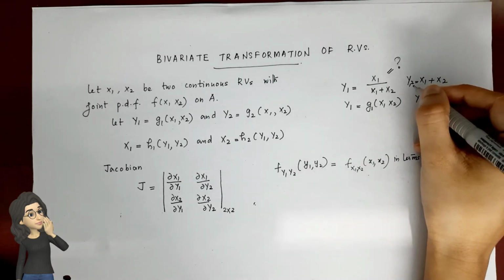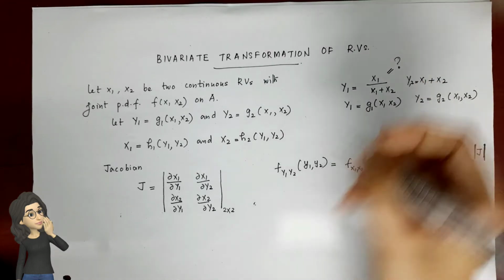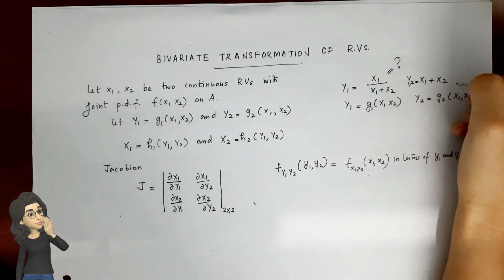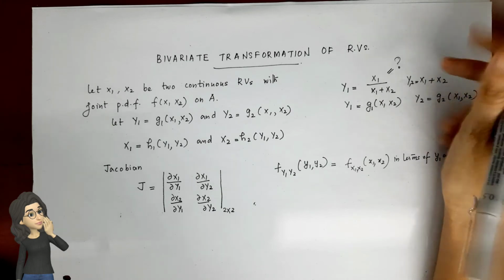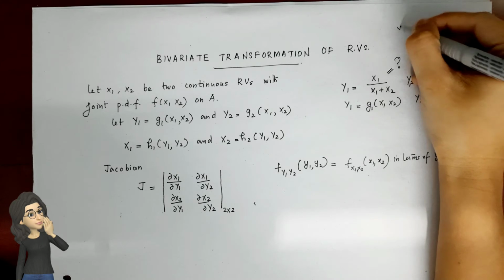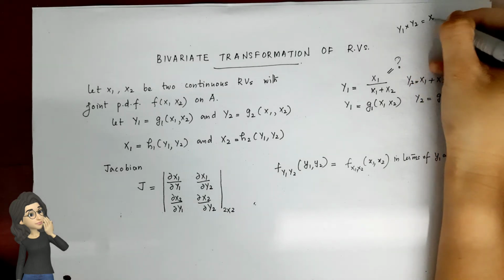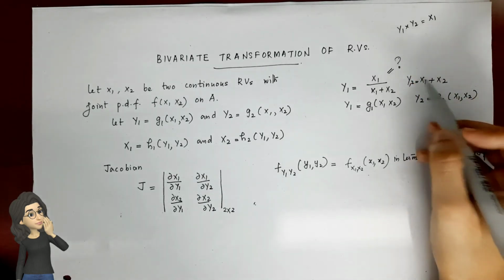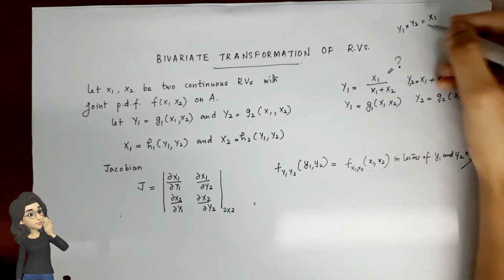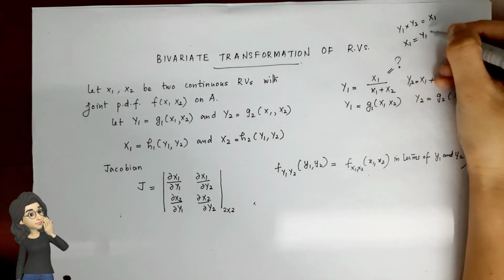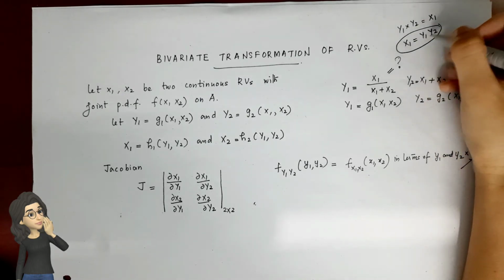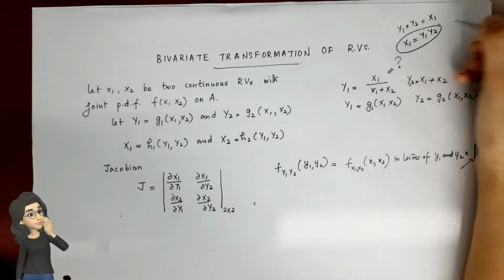We have y1 is equal to x1 divided by x1 plus x2 and y2 is equal to x1 plus x2. Substituting y2 for x1 plus x2, I get y1 into y2 is equal to x1. So x1 is equal to y1 y2. We have got x1 as a function of y1 and y2.